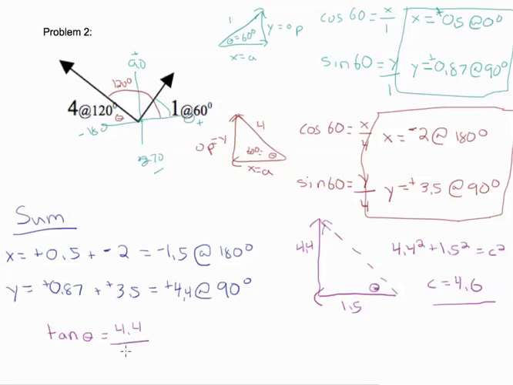If we think about our unit circle, 0, 90, 180, 270, we want this angle, so this is 71 degrees. If we do 180 minus 71, we'll get 109 degrees for this angle in unit circle. So your answer is 4.6 at 109 degrees.